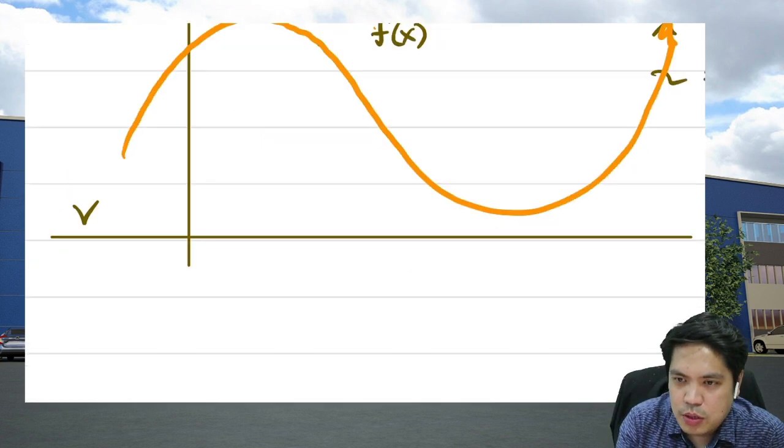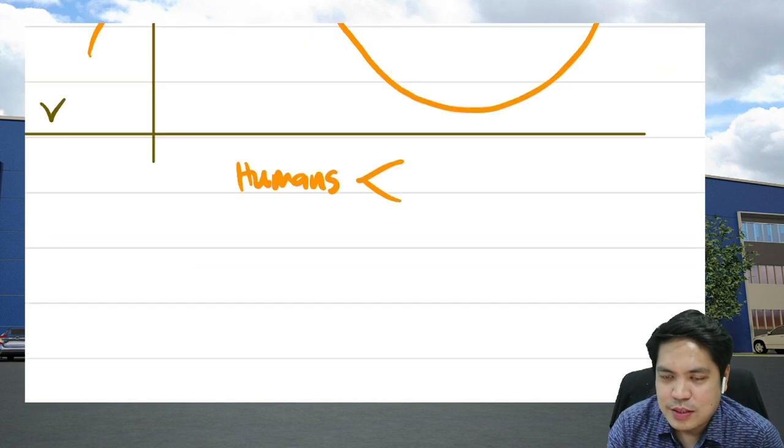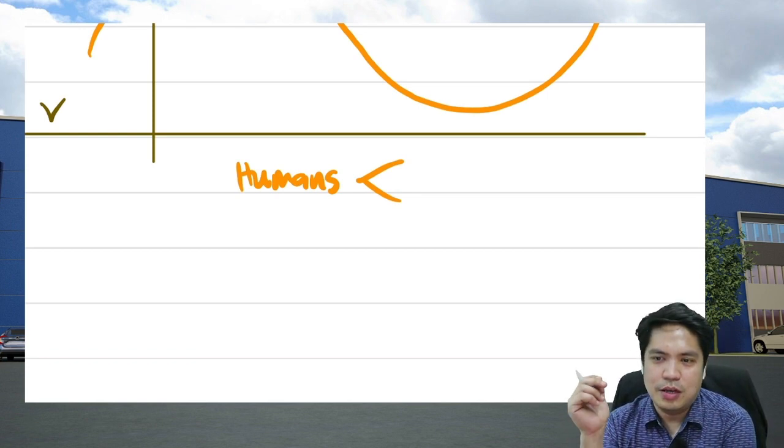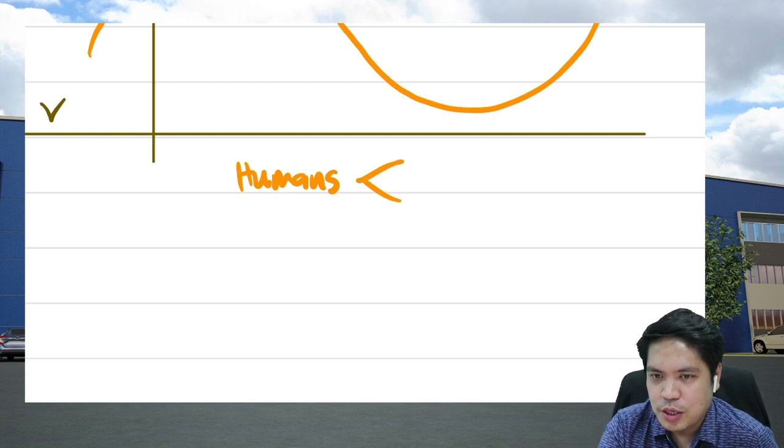It's like this. Let's say humans. Humans are the integral of their organs, right? So let's start with the very small unit of each human being.